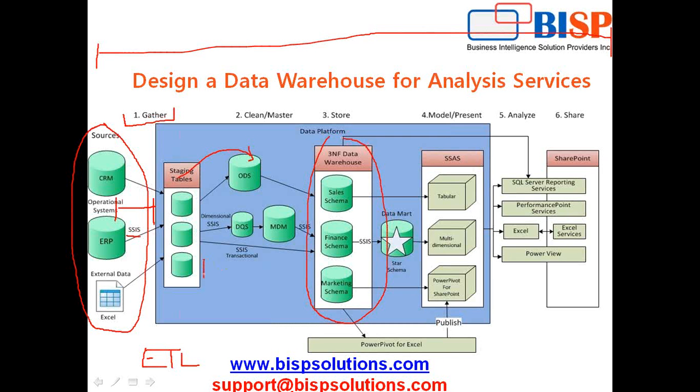And SSIS works once again over here to pull data from the staging table to your enterprise warehouse. And once data is available in your enterprise warehouse, finally data is fed to your SSAS cube. It could be tabular view, relational OLAP, or multidimensional OLAP. We'll see in the next slides what is relational OLAP and multidimensional OLAP.